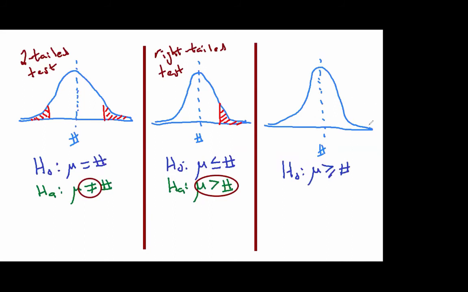So I wouldn't be surprised by values up here if I'm hypothesizing that that's where they might be. The alternative hypothesis, on the other hand, is that the mean is strictly less than that given number. So I would be surprised by values that fall in this region down here. And we're looking at the tail on the left, and that's why it's called a left-tailed test.